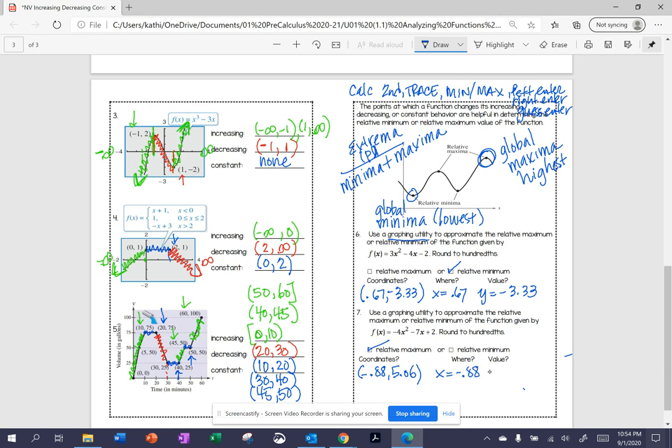The maximum is at the y value, which is 5.06. And again, I'm getting that by graphing and doing second trace, minimum or maximum based on what I'm looking at. I'm going to the left of it, I'm sliding over to the right, and then I'm hitting enter.